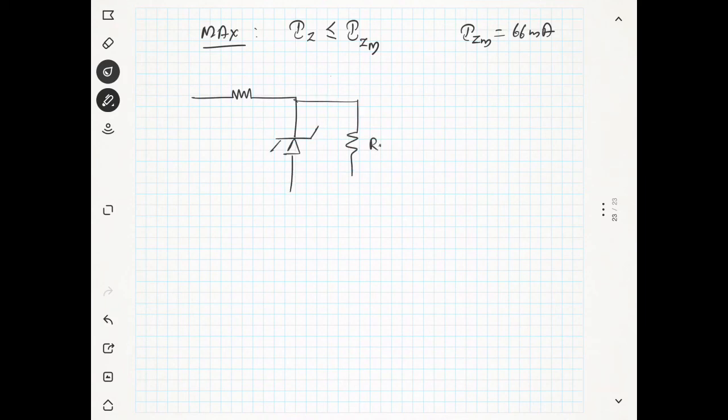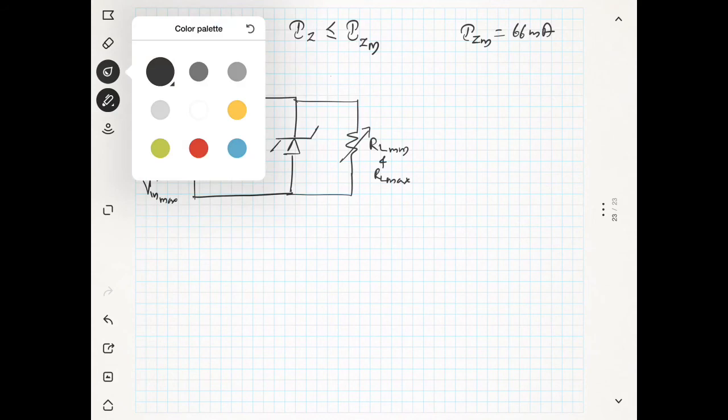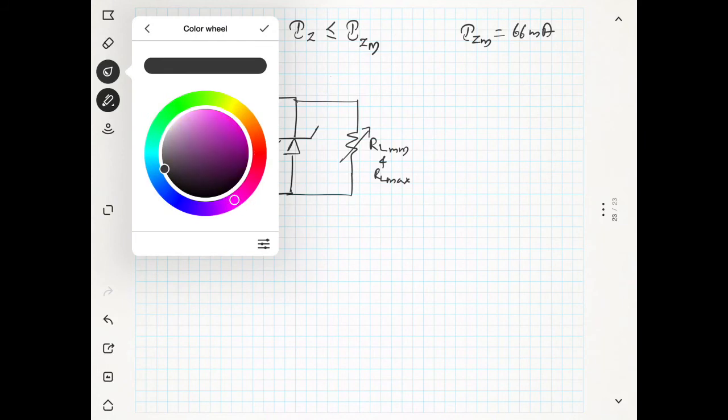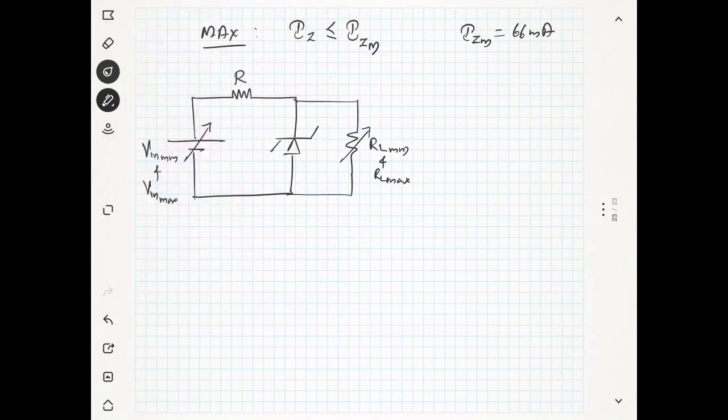So you have RL minimum and RL maximum. These are the limits in which it is changing. Now the input is changing, Vin minimum and Vin maximum. Now listen carefully, this is R. Now you can see here we are talking about the maximum current condition.